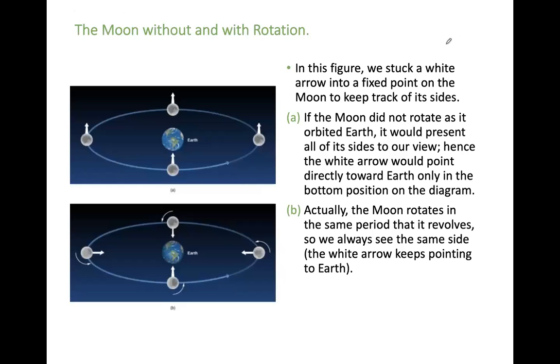So this is in a diagram. I can show you how the moon looks without and with rotation. The moon actually rotates. Now, if it didn't rotate and stayed pointing in only one direction, as in diagram A, we would see different directions or different views of the moon, because it doesn't rotate.